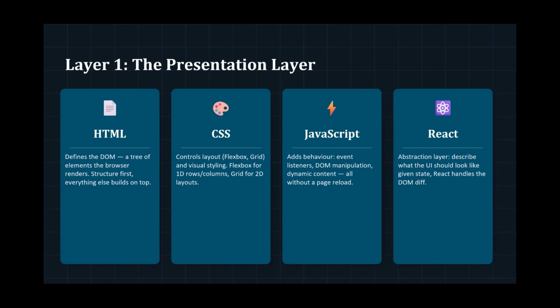JavaScript makes it dynamic, attaching event listeners and updating content without a page reload. We came up with the React framework, which is an abstraction on top of this. Instead of manually updating the DOM, we describe what it should look like given some state, and React handles the difference in the UI.